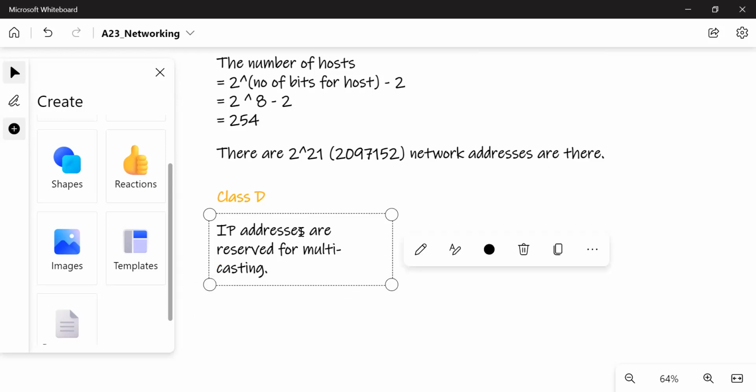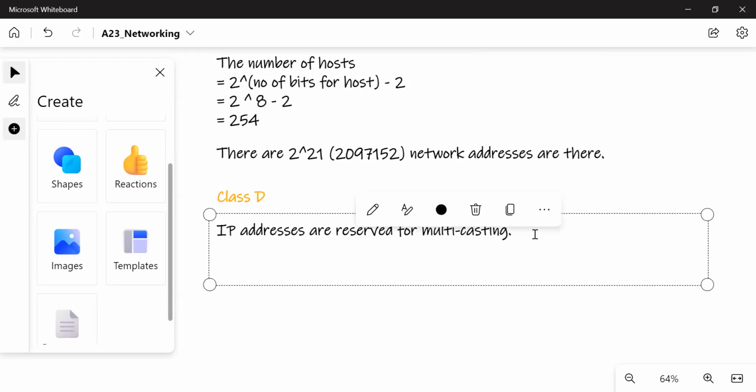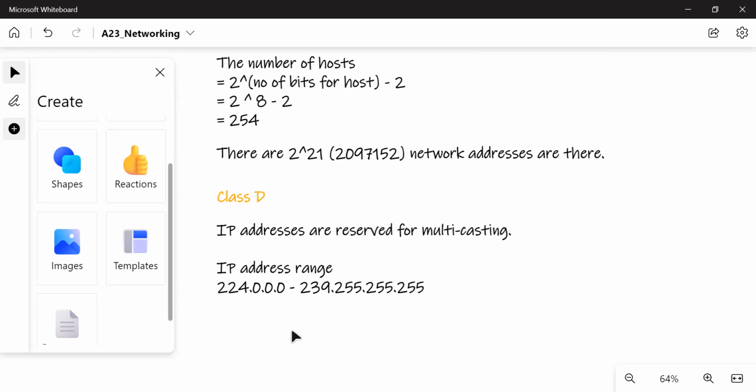So when you want to send to multiple computers, that's the first thing. And then when you talk about the IP range, the IP address range starts with 224.0.0.0 and can go up to 239.255.255.255. So that's all you need to remember about class D.